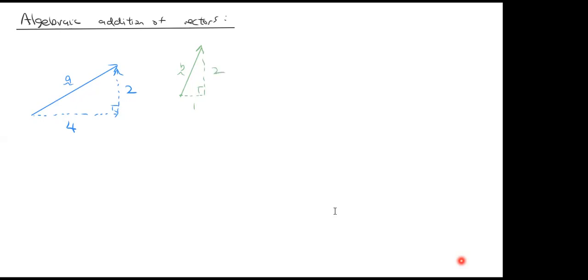So from your earlier work, you know that to work out a plus b, you draw a like this. And then you draw b afterwards from the tip.